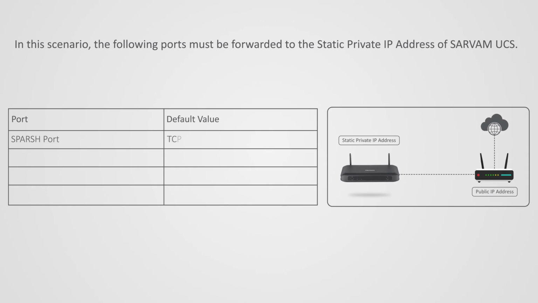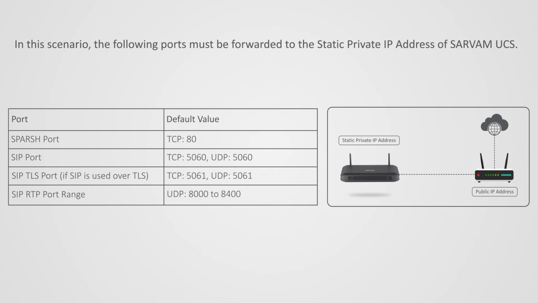SPARSH port TCP 80, SIP port TCP 5060, UDP 5060. SIP TLS port, if SIP is used over TLS, TCP 5061, UDP 5061. SIP RTP port range, UDP, 8000 to 8400.